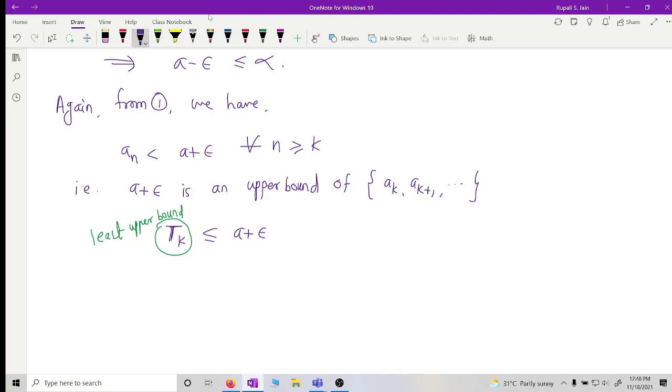Now, what can I say about T_n and T_k? This implies T_n is less than or equal to T_k, which is less than or equal to A plus epsilon, for all n greater than or equal to k.